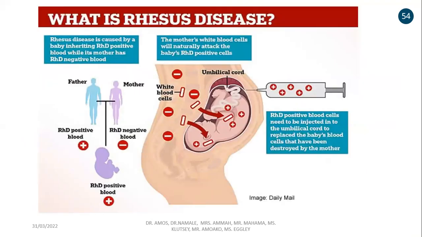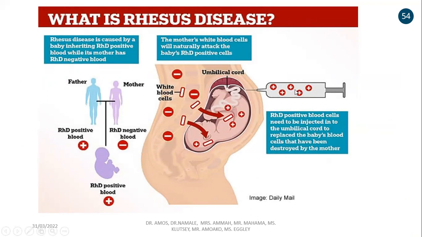So this picture basically describes what happens. A father is RH positive, the mother is RH negative, and she is carrying a baby that is RH positive. Because during earlier deliveries the baby's blood mixed with the mother's, the mother's system is now producing antibodies to attack this baby.